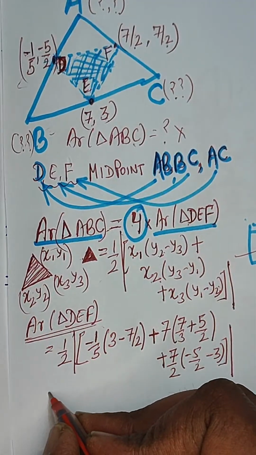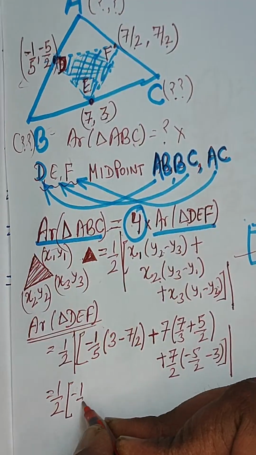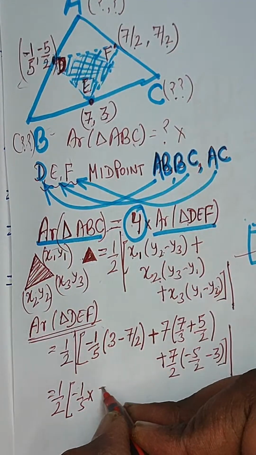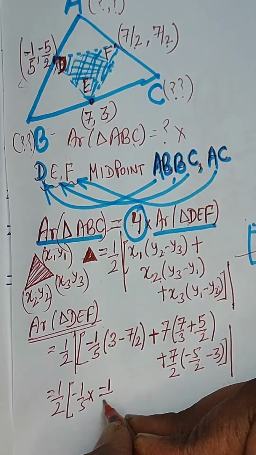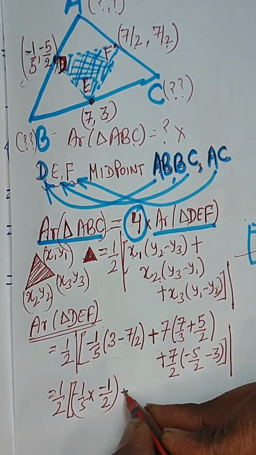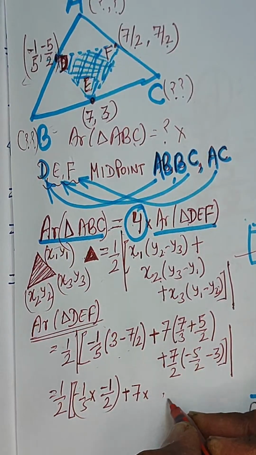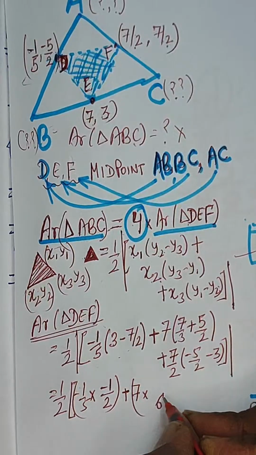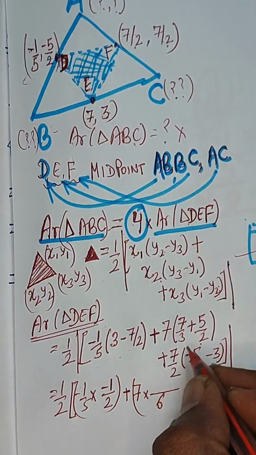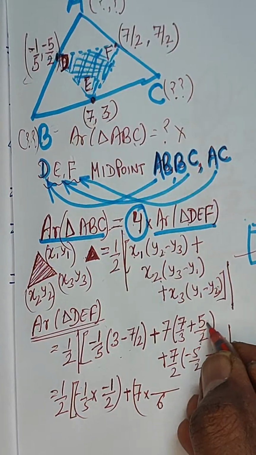Now this will give you half into, under the bracket, minus 1 by 5 multiplied by 2 into 3, 6. 6 minus 7 is minus 1, so it will be equal to minus 1 by 2. This will be the first term. After that, the second term, 7 times 3 into 2, 6 will be there, 6 as an LCM. Here 2 7 14, and here 3 5 15, right?